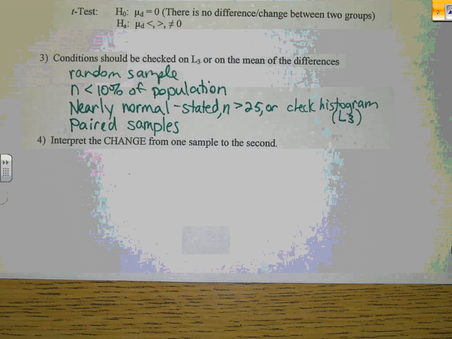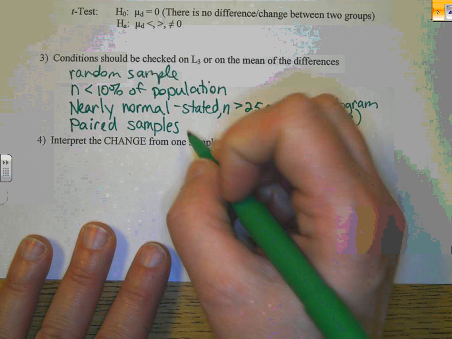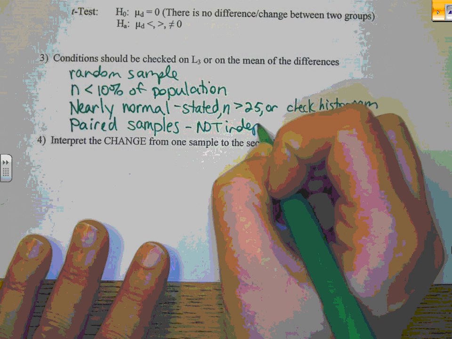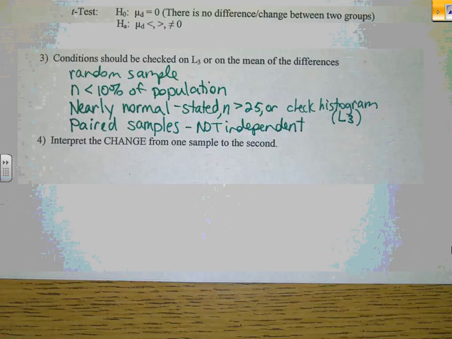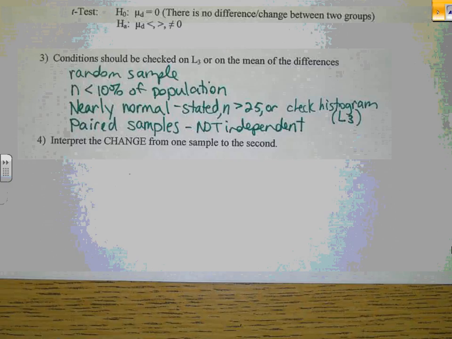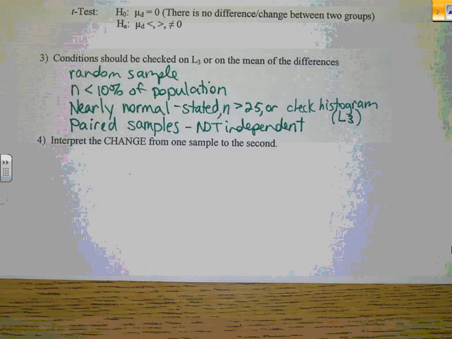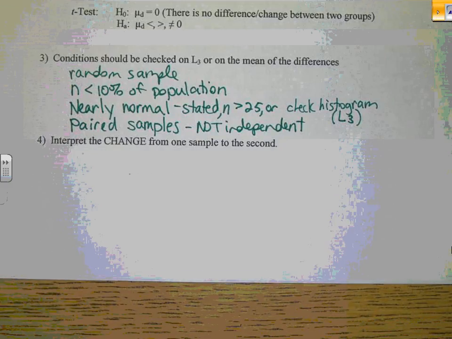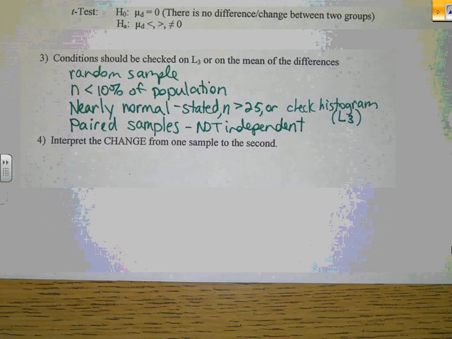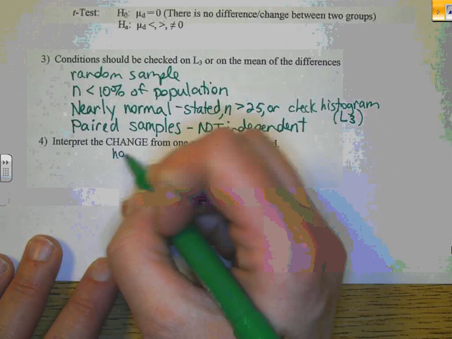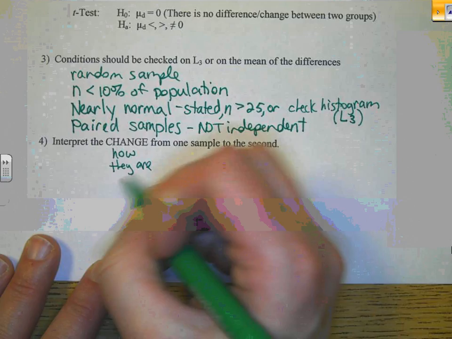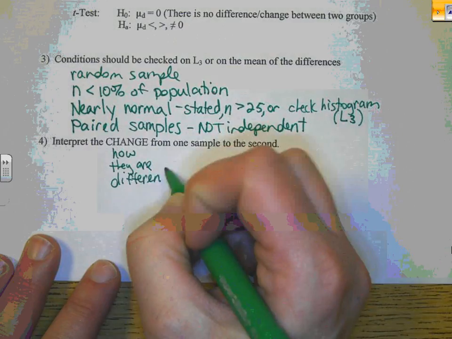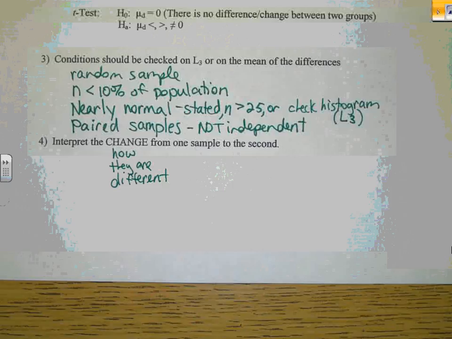But that means that they are not independent, and that's okay. And we're just interpreting how one sample changes to the second, or how they're different. It doesn't just have to be the change. It's not like it's always increasing or decreasing.